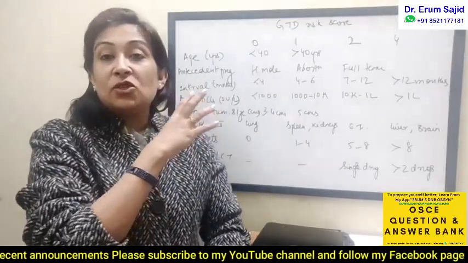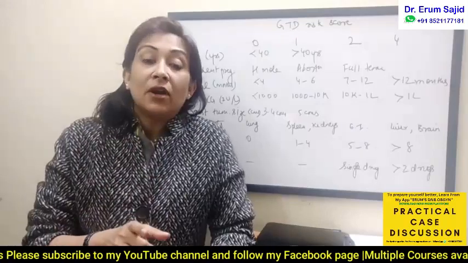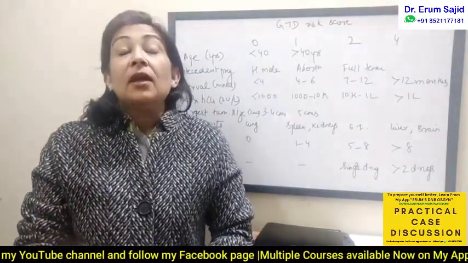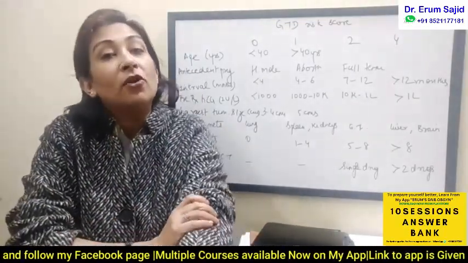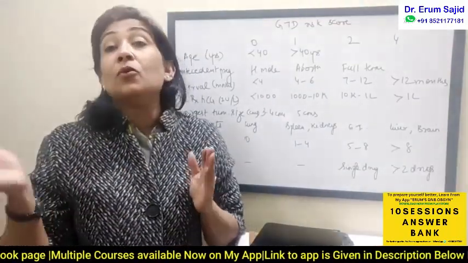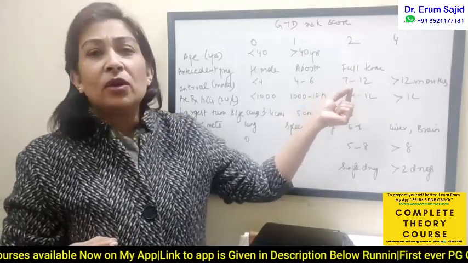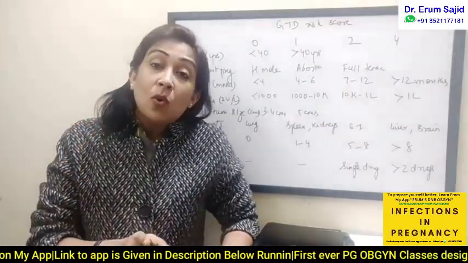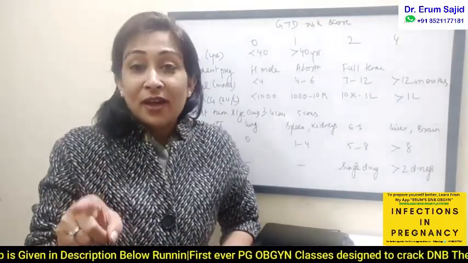Just have this picture inside your mind, and nothing can go wrong. Even in front of the examiners, remember to be strong, confident, at the same time respectable, because obviously the examiners do not remember as much as you remember. You are preparing for an exam, they have just come to examine you. So if you're answering confidently, maybe one value here and there they'll not pick, believe me, unless you are fumbling yourself. So that is one more trick which I wanted to give you today.